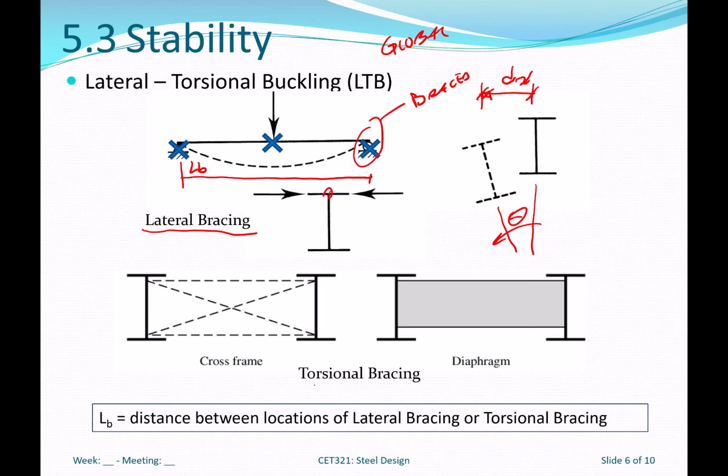Then there's what we refer to as torsional bracing, and torsional bracing prevents the entire cross section from rotating. So torsional bracing prevents this. Somehow we have to establish that the beam will not twist and will not laterally displace at what we're calling a bracing location.